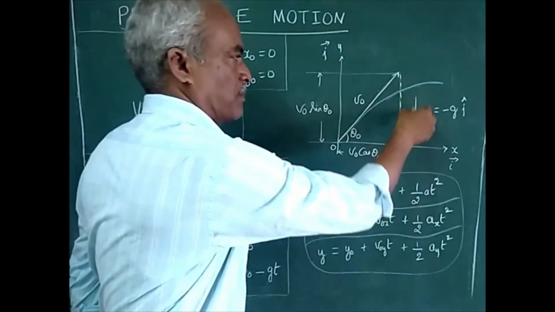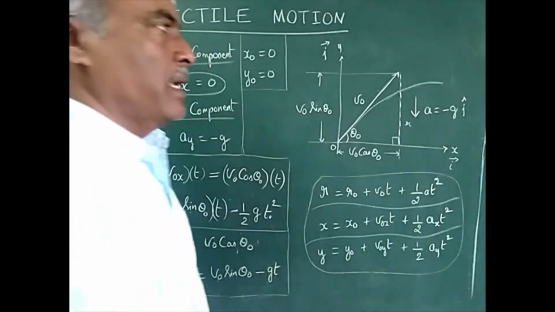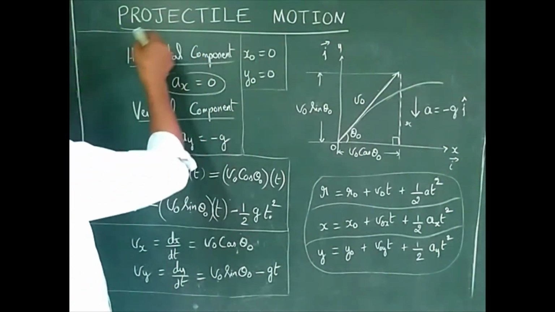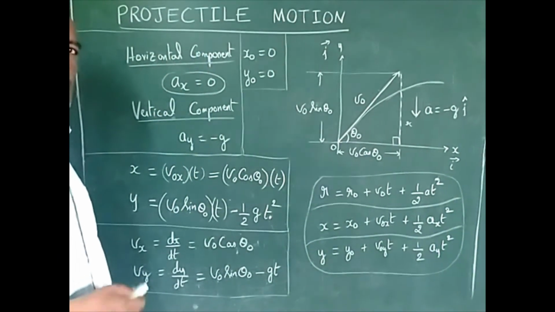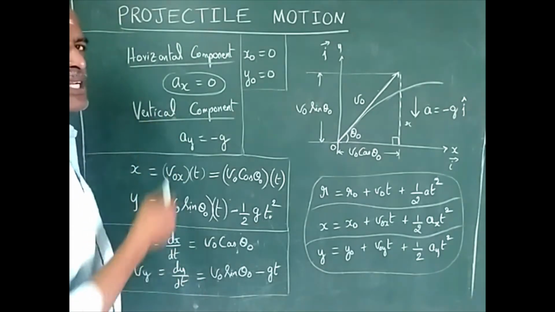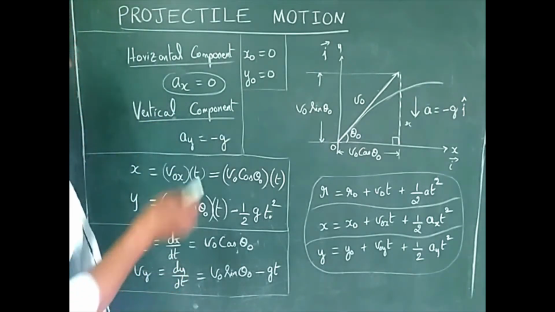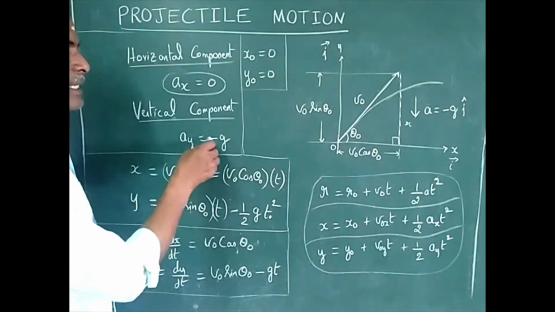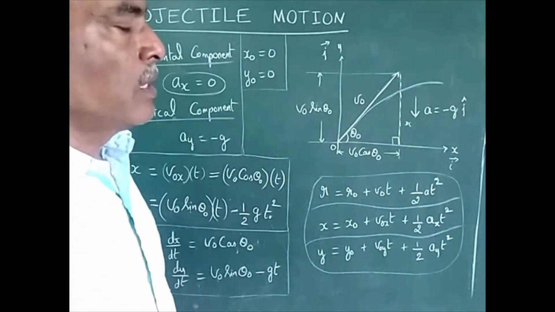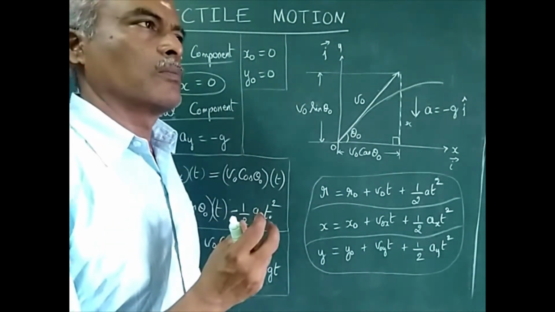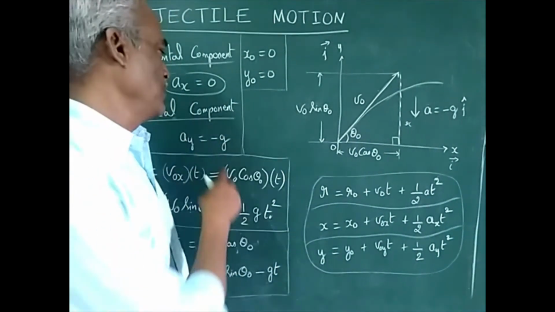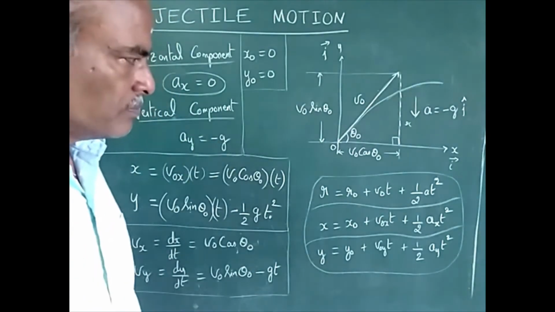So that's why it is represented here: a is equal to minus g j cap. This point you have to remember. The horizontal component of acceleration is 0, whereas in the vertical component you have minus g. This minus indicates that the ball is moving against the gravitational force. That's why we introduce minus g.